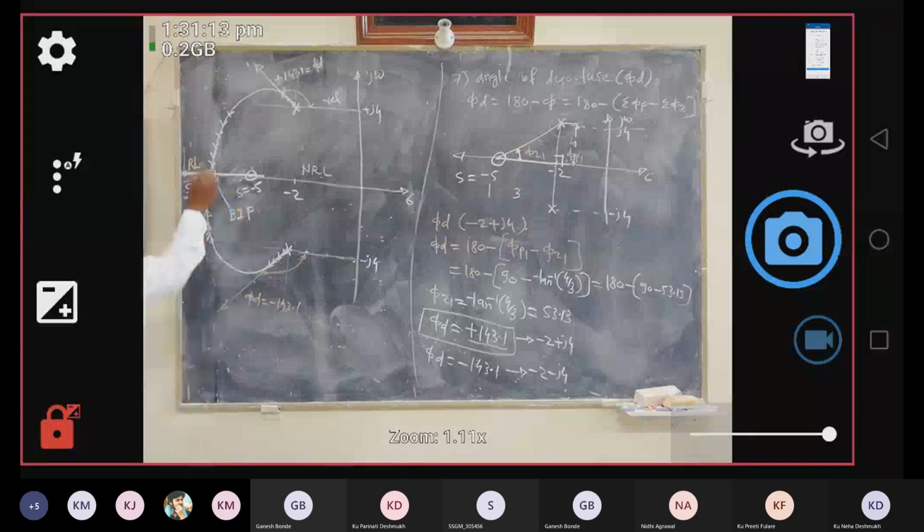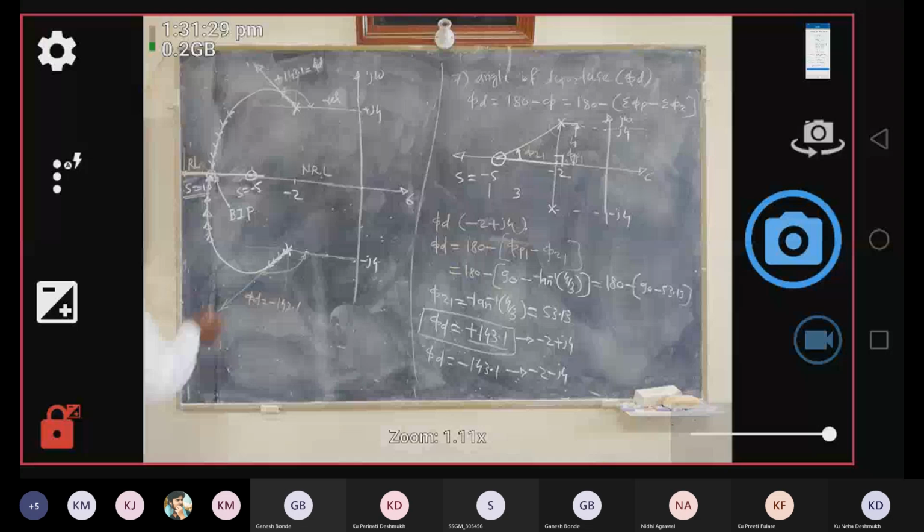At this point, these two branches meet together, and the value of k is, sorry, the value of k is 16 at this point. Okay, k is 16.